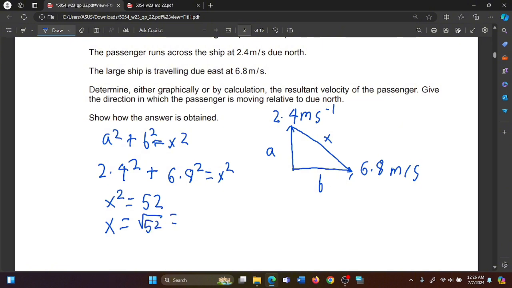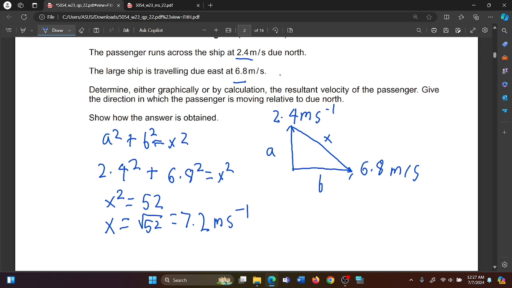One more thing: we always have to give our answer to the same number of significant figures as given in the question. The values 2.4 and 6.8 are both given to two significant figures. Thus, we must also give our answer to two significant figures. So the velocity becomes 7.2 m s inverse.